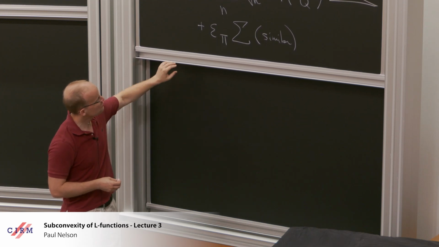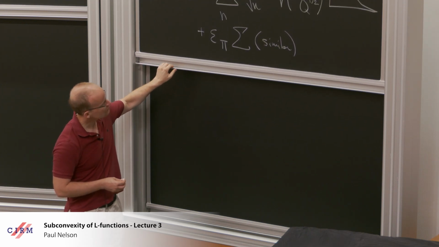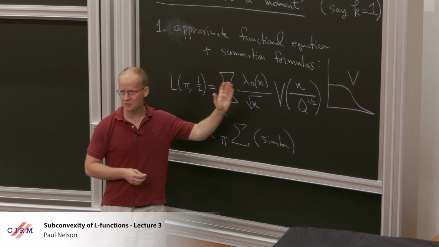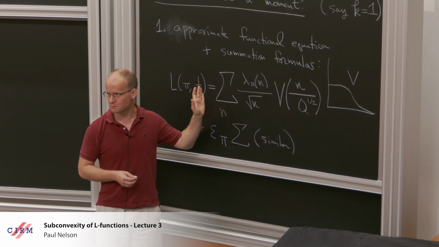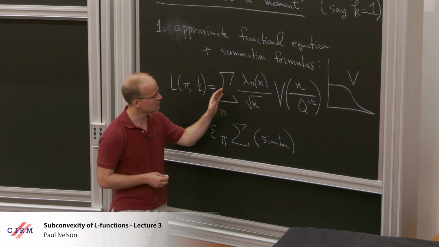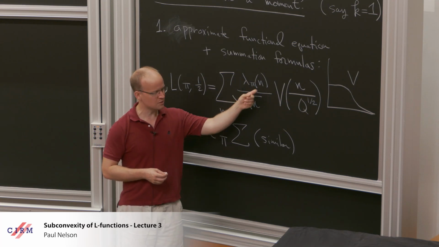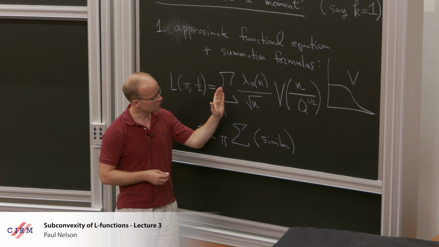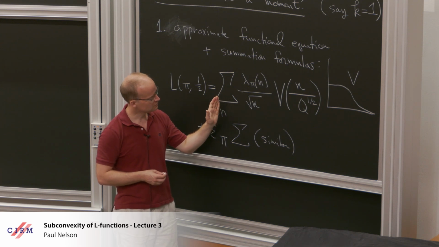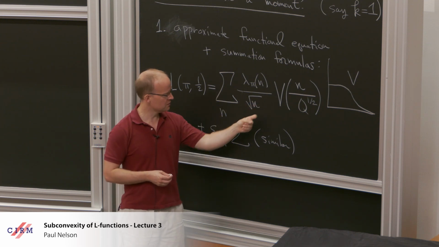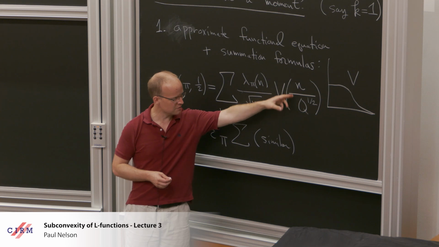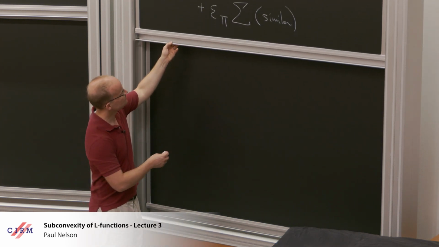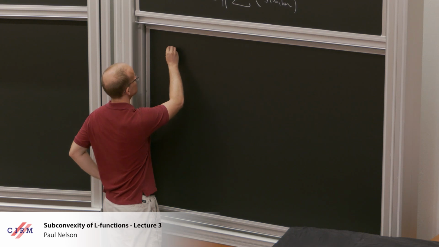And so for the purpose of understanding subconvexity, something that's baked into the general convexity bound, which is mentioned in our exercise handout, is that you can always treat these coefficients as if they're basically bounded by 1 on average. So what you get from that is that only the largest range of n, the range where n is of size roughly q to the 1/2, is relevant.